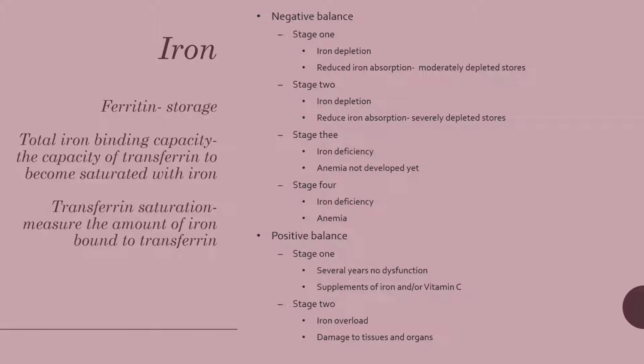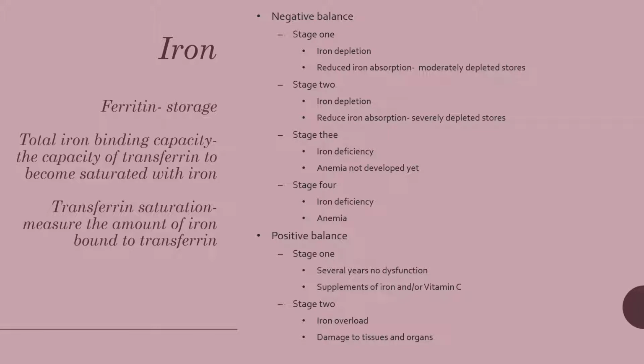From that point, there are 2 other lab values that we will look at. This is total iron binding capacity. This is basically just saying to me, what ability do I have to pick up and carry and transfer iron around? What I'm going to see is that TIBC, total iron binding capacity, will become extremely high in deficiency.